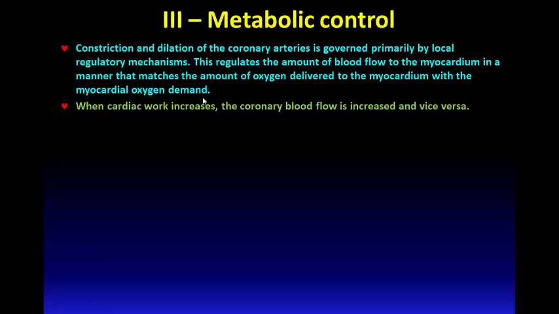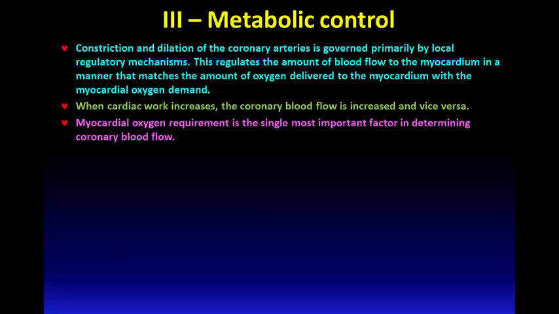When cardiac work increases, the coronary blood flow is increased and the opposite is true. Thus, myocardial oxygen requirement is the single most important factor determining the rate of coronary blood flow.